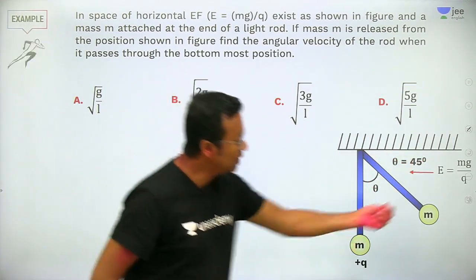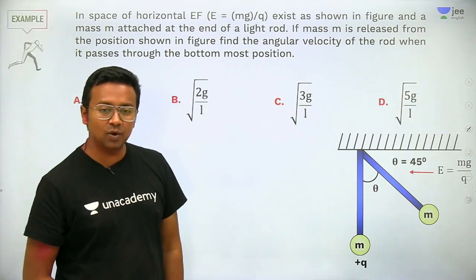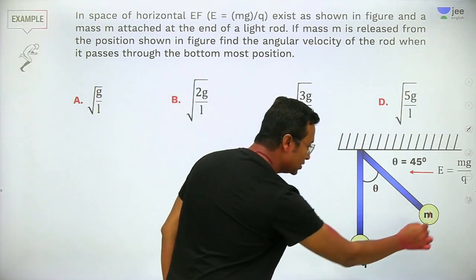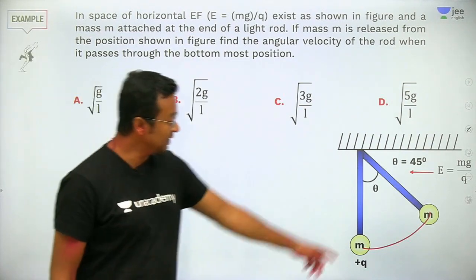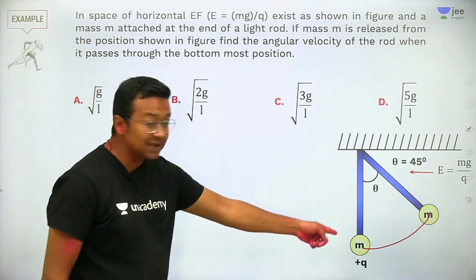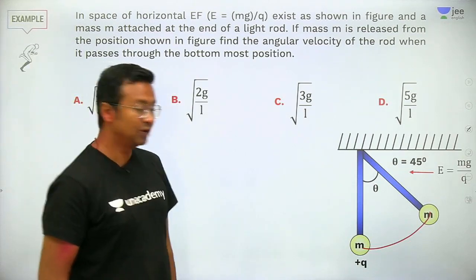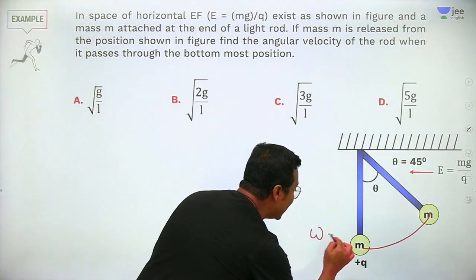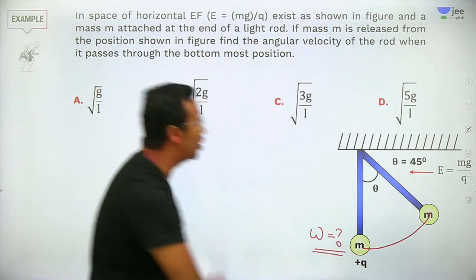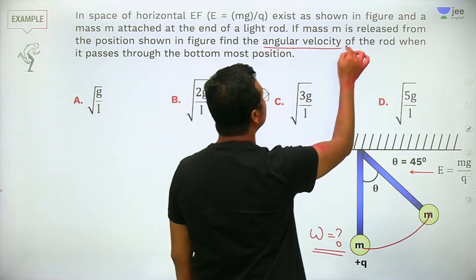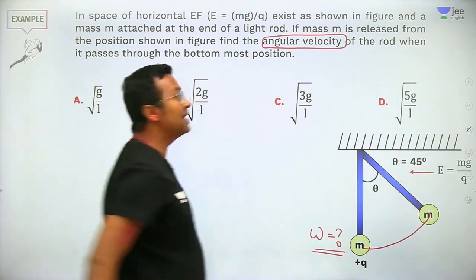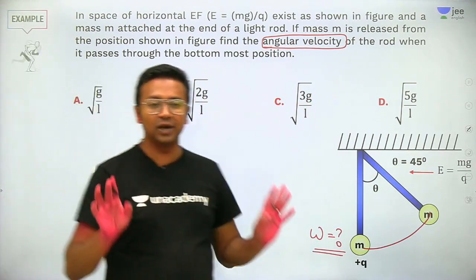You left it from here. What is going to happen? Circular motion is going to happen. It reached the bottommost point. So they are asking us, at the bottommost point, as it passes through, what shall be the value of the angular velocity? This is what you need to tell me.